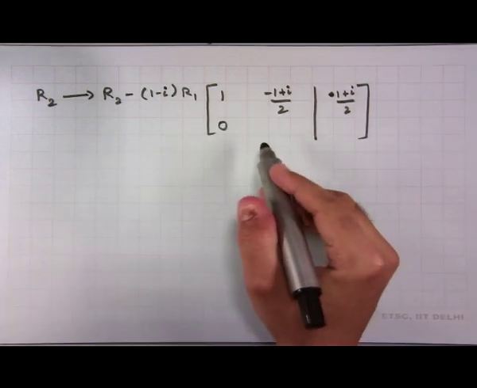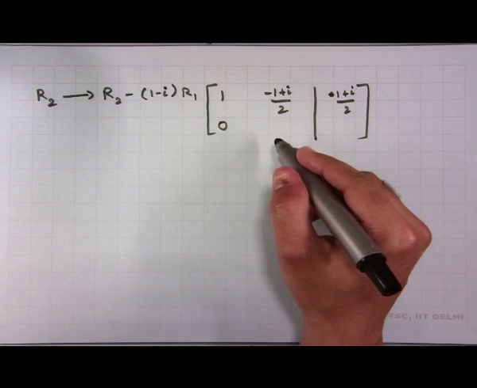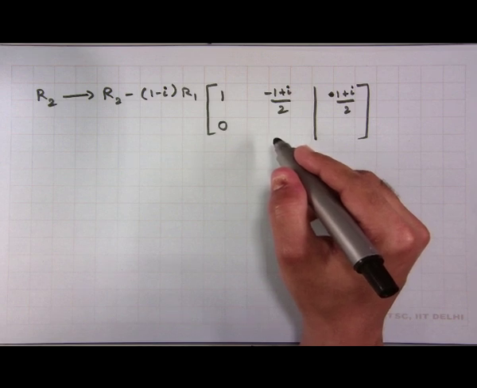Now, let us calculate the remaining terms. It is 1 plus i minus (1 minus i) into (minus 1 plus i), which is the same as 1 plus i plus (1 minus i) whole square, but (1 minus i) whole square is exactly minus 2i.